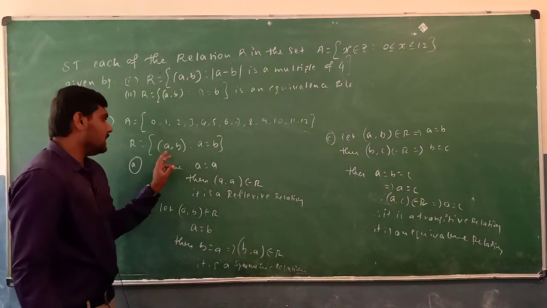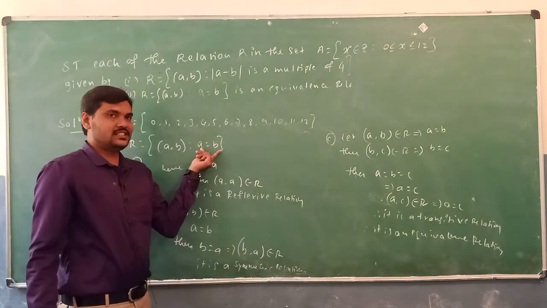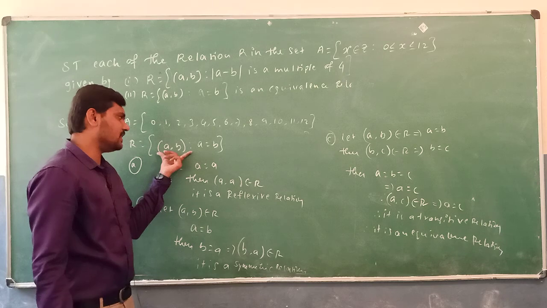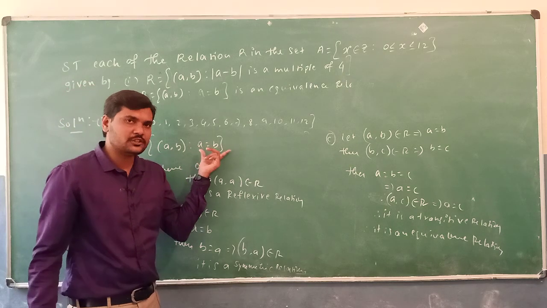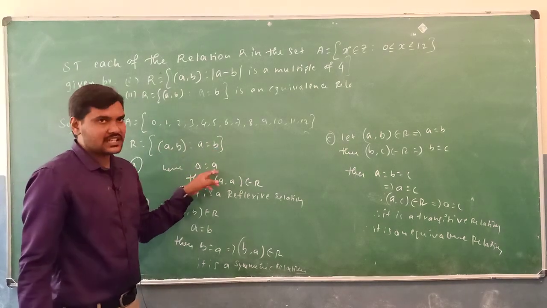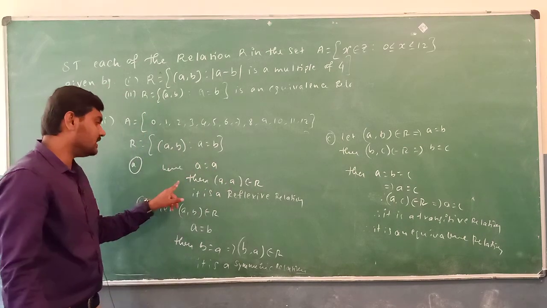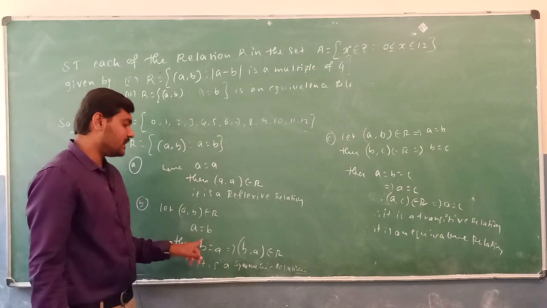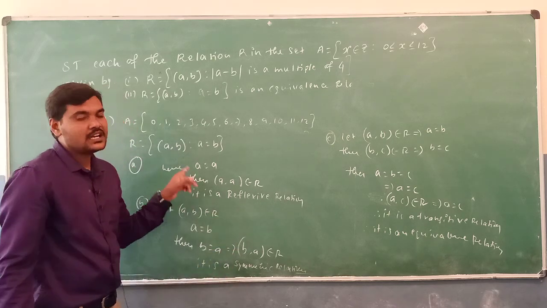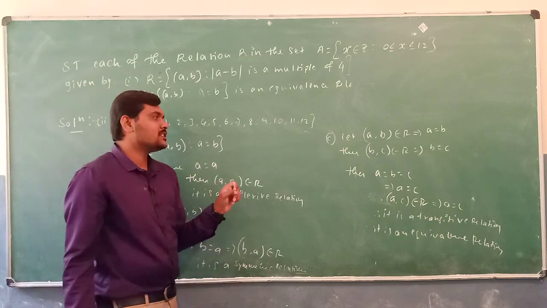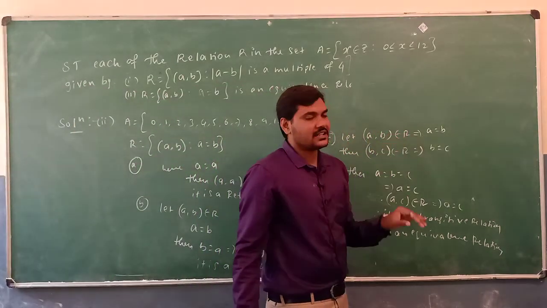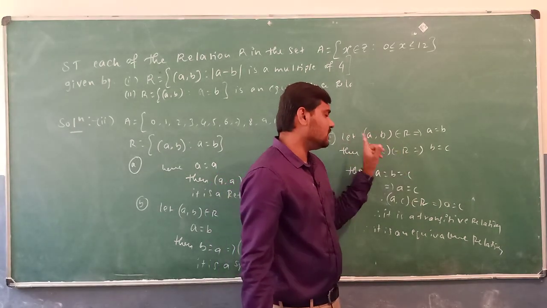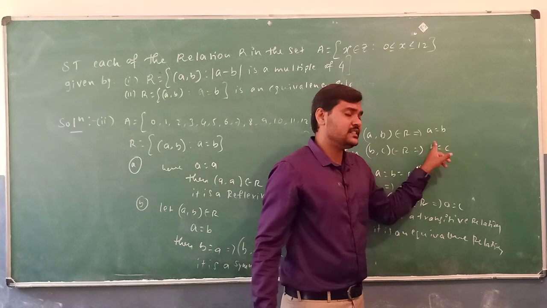If an ordered pair is in this relation, it must obey the given relation a is equal to b. So taking (a, a), it is in R, so it is reflexive. If (a, b) is in R then (b, a) is also present in R. Suppose (a, b) belongs to R, then a is equal to b. Then (b, c) is also in R, then b is equal to c.